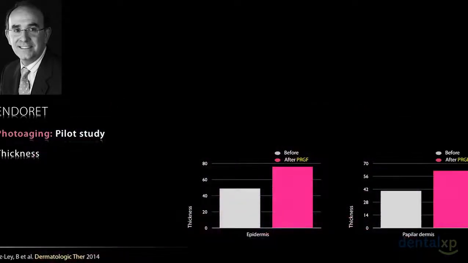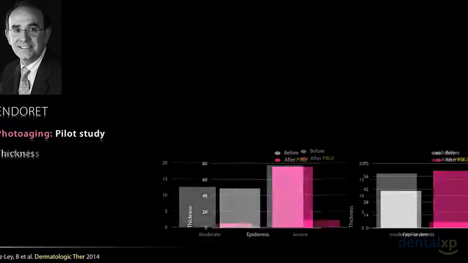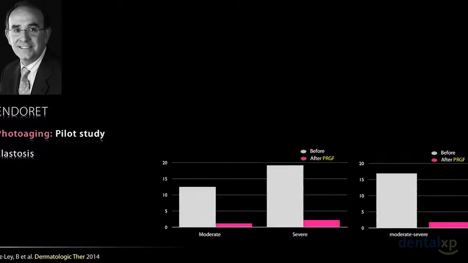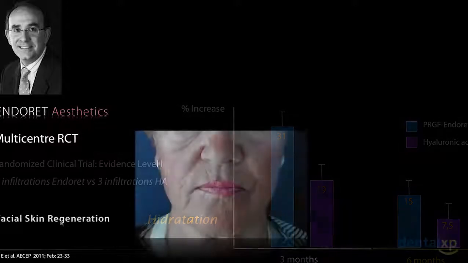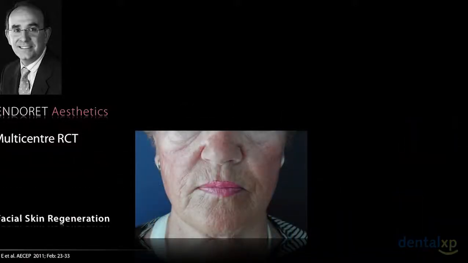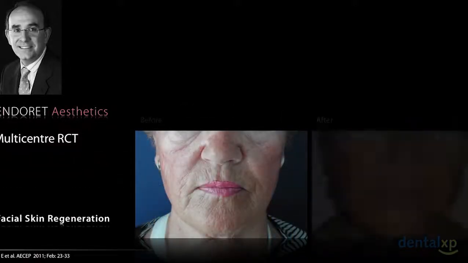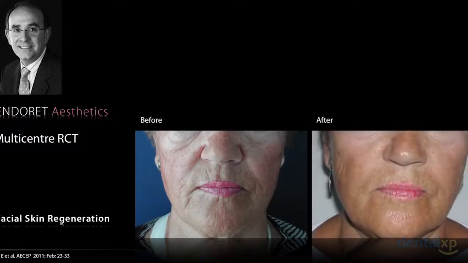We analyze the thickness of the skin, and we analyze how the elastosis is reduced drastically. This is a clinical trial with 3 infiltrations of the skin every 2 or 3 weeks, and observe the significant result. This was the patient before, and this was the result after.